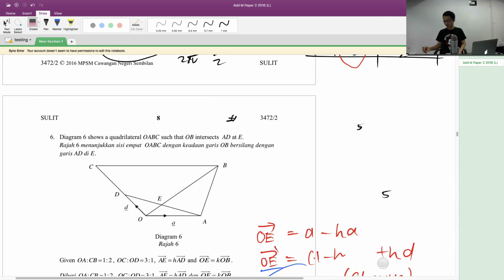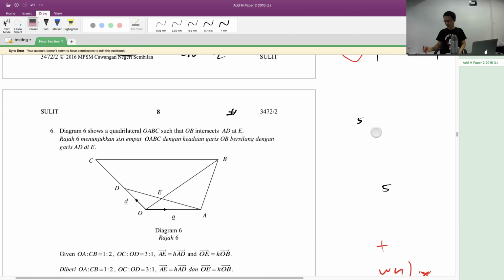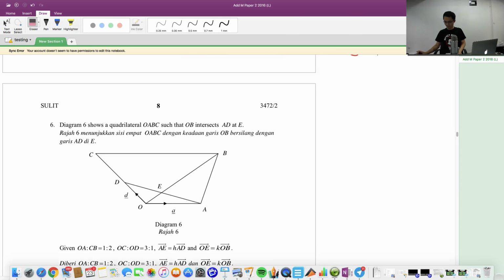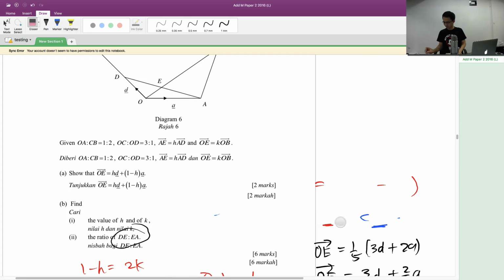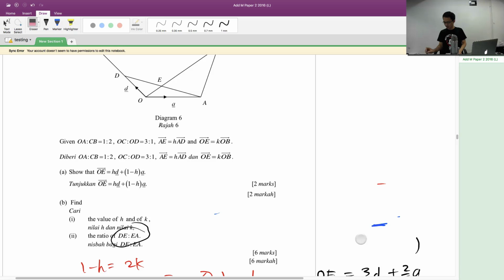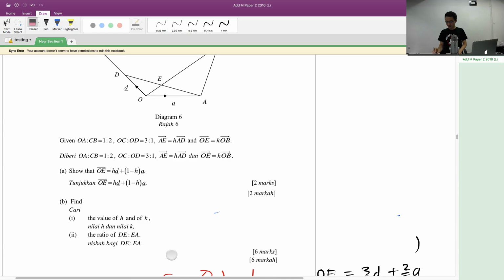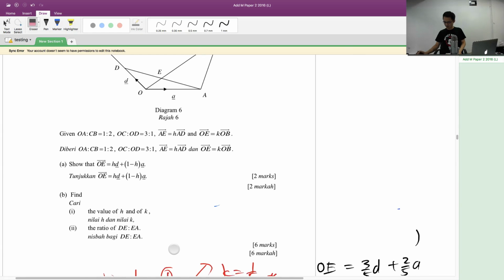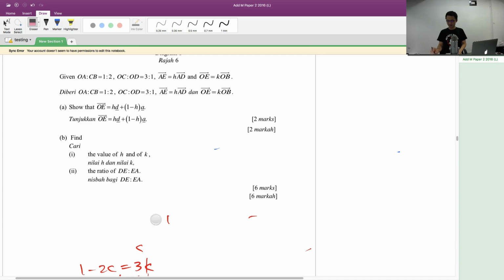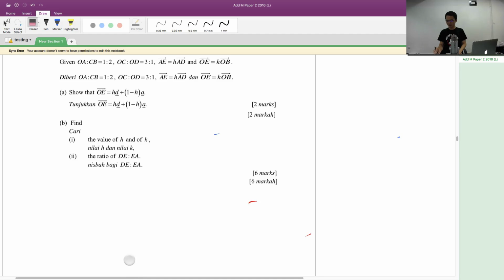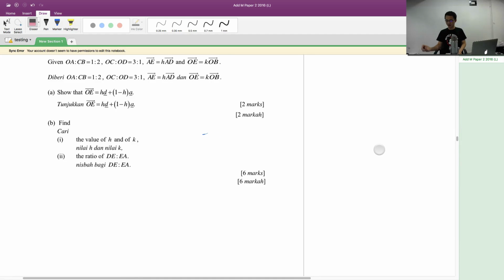So I will just erase everything here and then do it again. Sometimes this kind of vector question, they try to make it so complicated, with so much information over here.